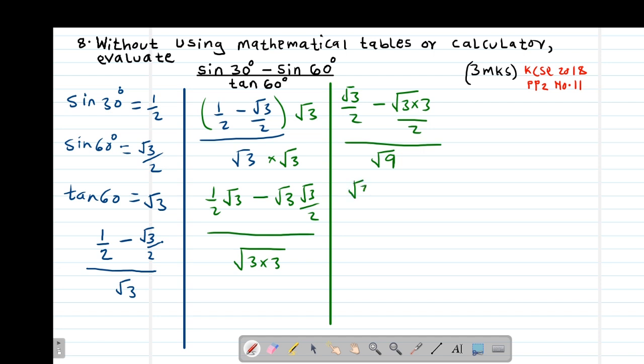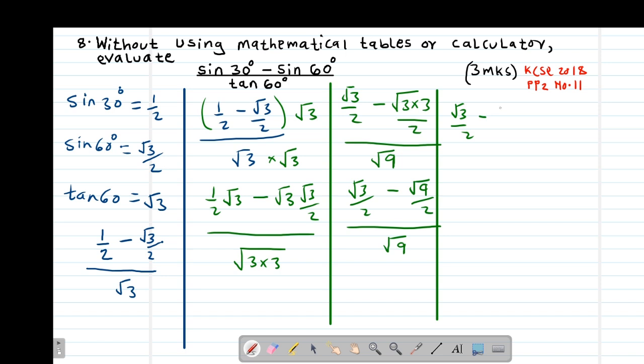So this will be root 3 over 2, then minus root 9 over 2, which is 3 over 2, then divided by the square root of 9, which is also 3.